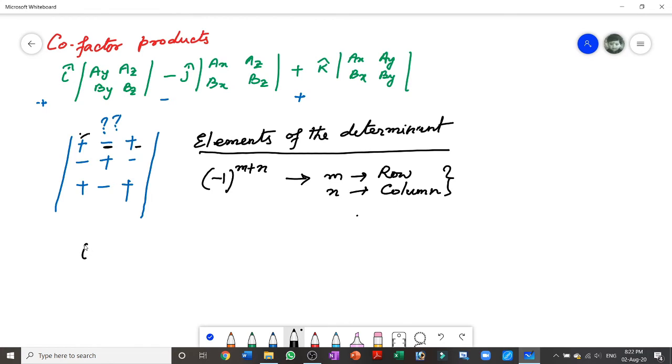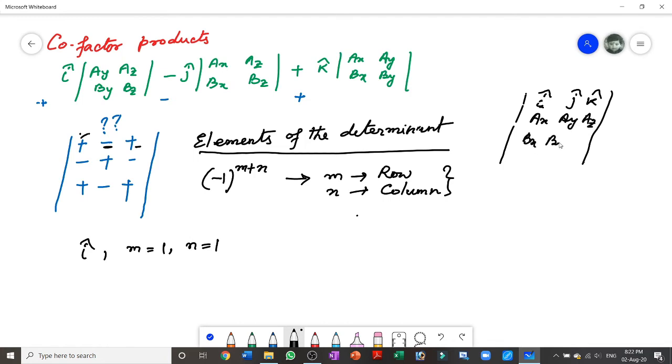So for i cap, m is equal to 1, n is equal to also 1, because i cap was written in the first row and first column. Let us try to remember the thing: i cap, j cap, k cap, ax, ay, az, bx, by, bz.